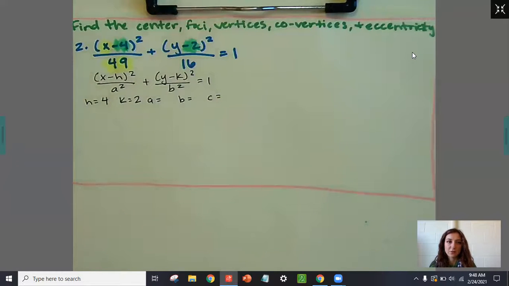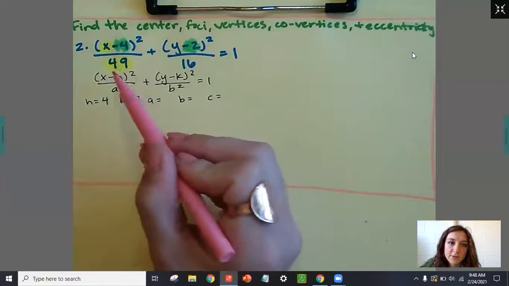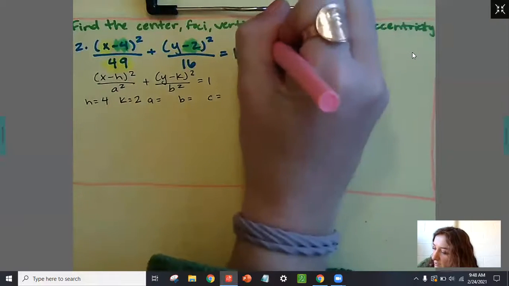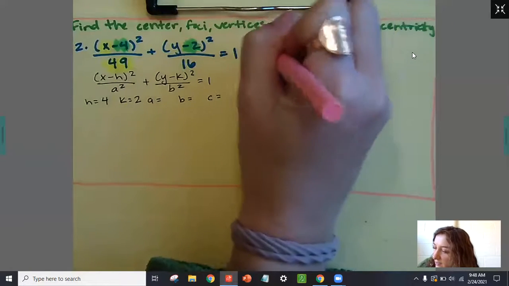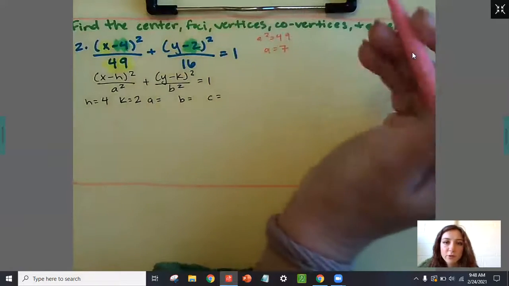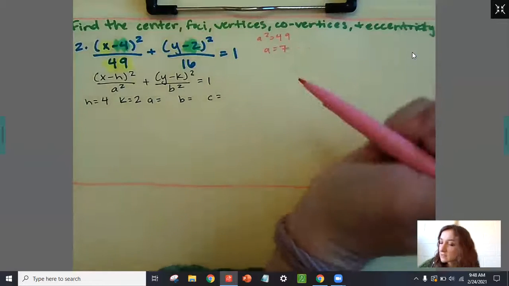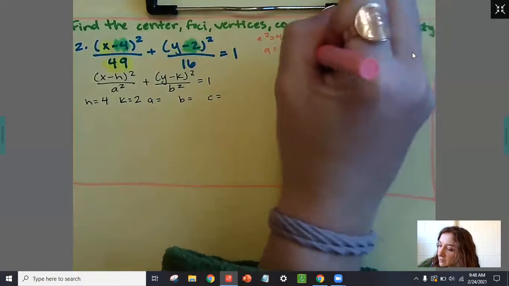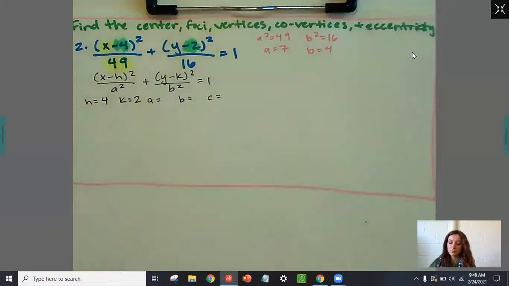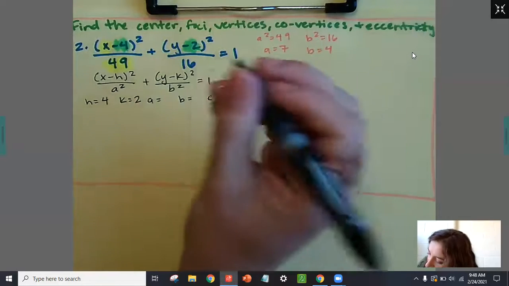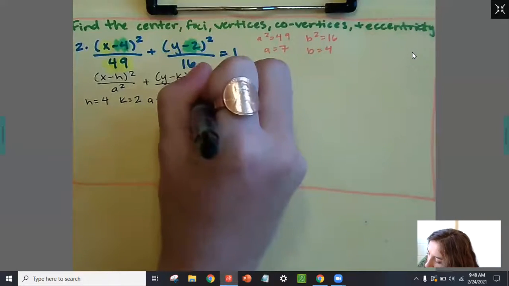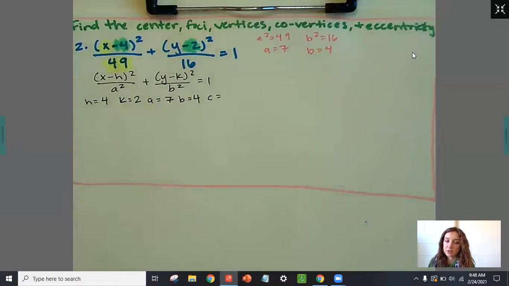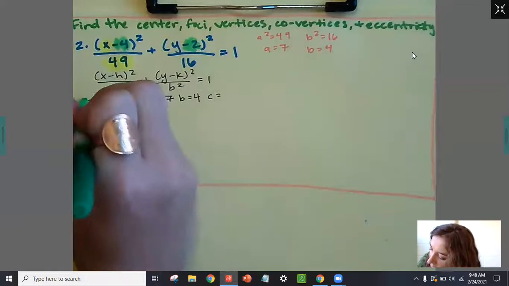Our a and our b is going to come from the numbers on the bottom here. So remember the a is the bigger one. So we know that a squared equals 49, so that means that a equals 7. Remember, we're only using the positive because it's a distance. And then we have b squared equals 16, so that means that b equals 4. Okay, so a is 7, b is 4, and then we do need to calculate our c value. So we're going to set up our formula.